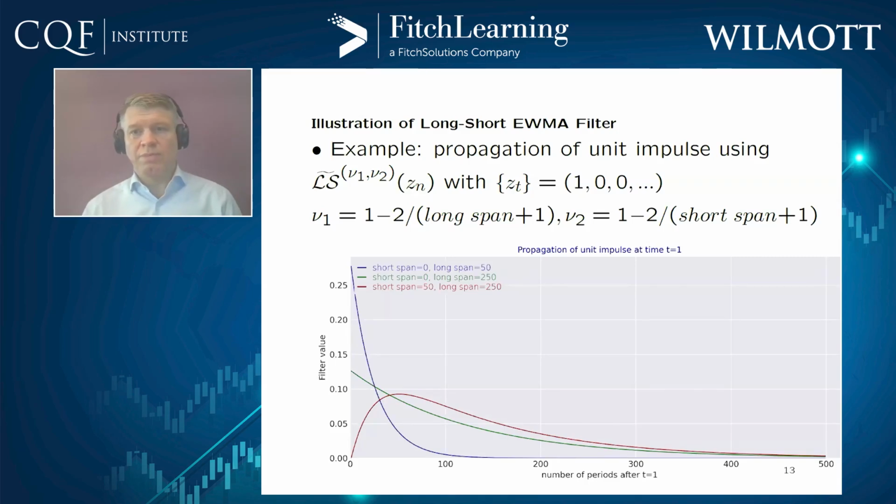For a long span of around 50 days, the integrated weight will be around 50%, right? After 100 days, effectively, the impulse has gone. It's lost. Then, of course, if we use a longer span, 250 days, it's a longer memory, right? We remember the signal longer at those spans.